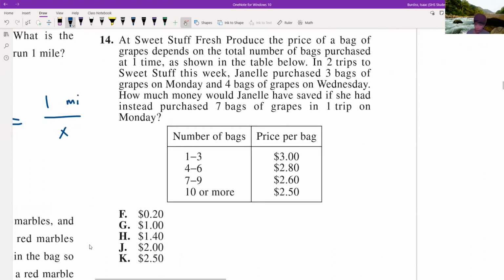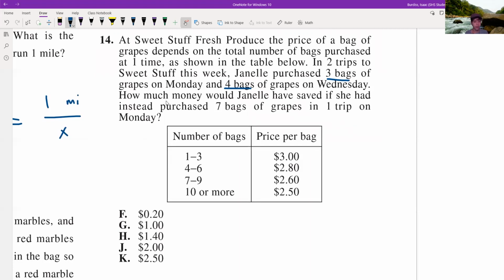All right. This Sweet Stuff fresh produce thing, the price of a bag depends on how many bags are purchased, as shown in the table. On 2 trips to Sweet Stuff, Janelle purchased 3 bags of grapes on Monday, and then 4 bags on Wednesday.